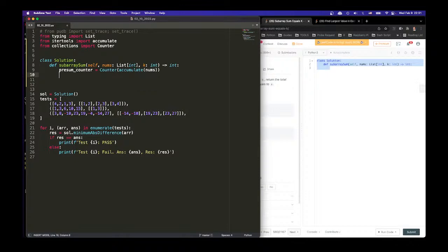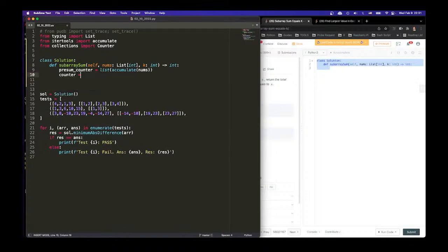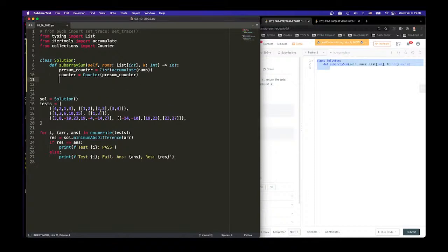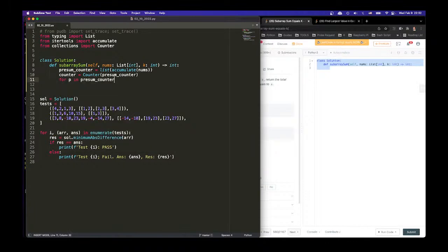I just realized something. That should be two different entities, because I need to iterate through the pre-sum, right? And then we say counter equals Counter of pre-sum, okay? And then we say for, let's say, p in pre-sum.